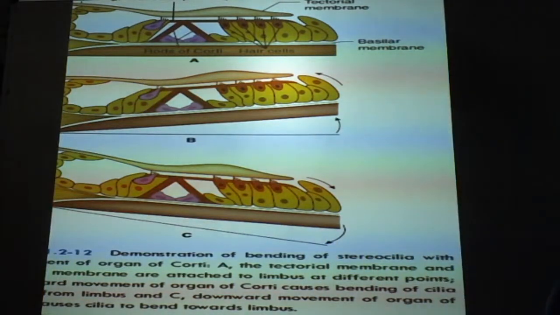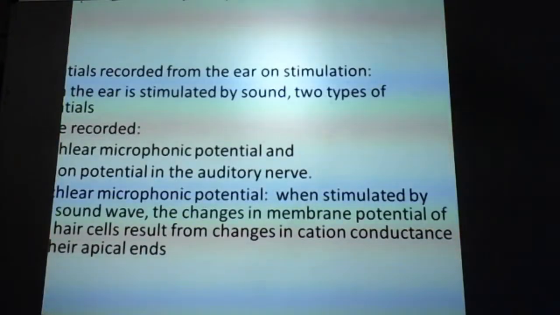This movement itself causes the potential difference, causing the cochlear microphonic potential. When the ear is stimulated by sound, two types of potentials can be recorded: one is the cochlear microphonic potential and the other is the action potential in the auditory nerve.